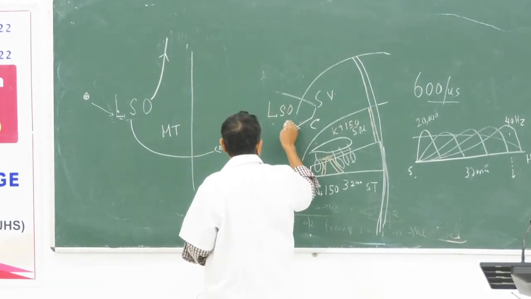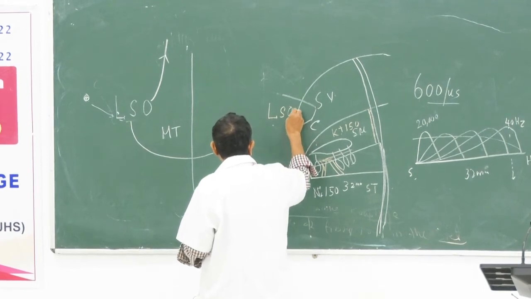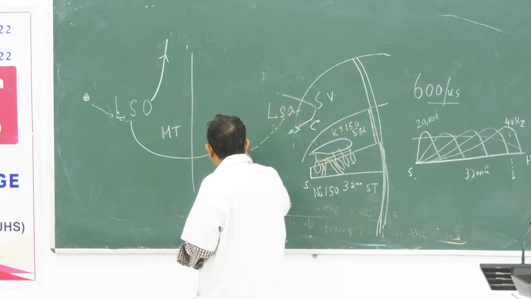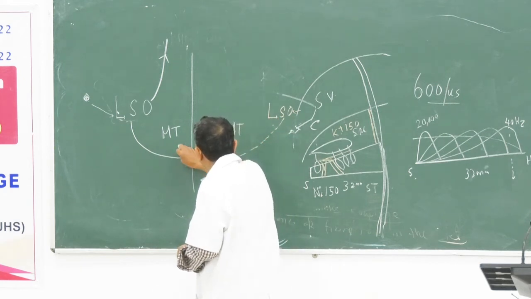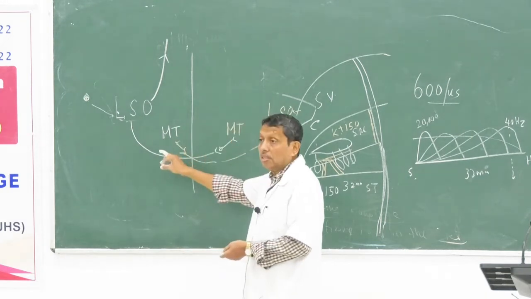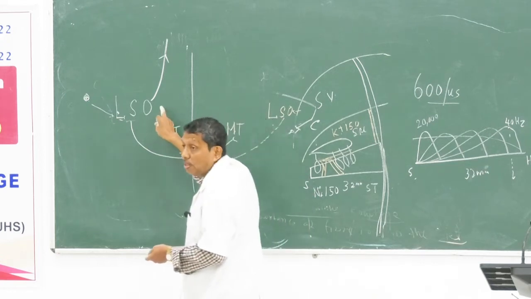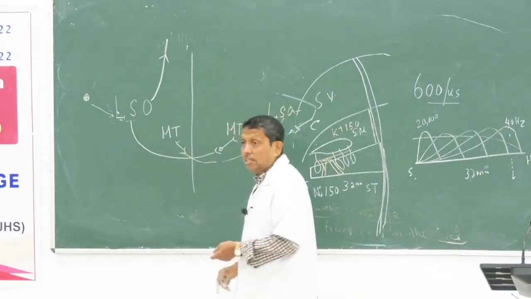And on this side, there is a relatively weak stimulus, and its activity through the interneuron is also low in comparison to this. So excitation is such that it will cause enhancement of this side and inhibition of the other side.